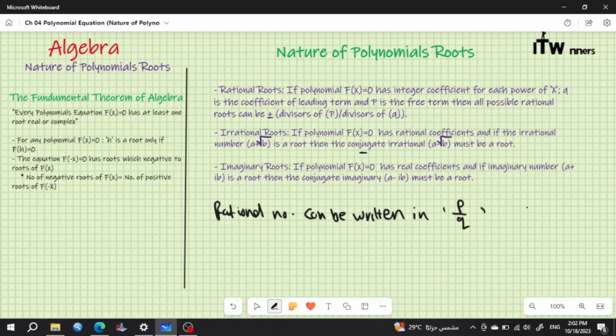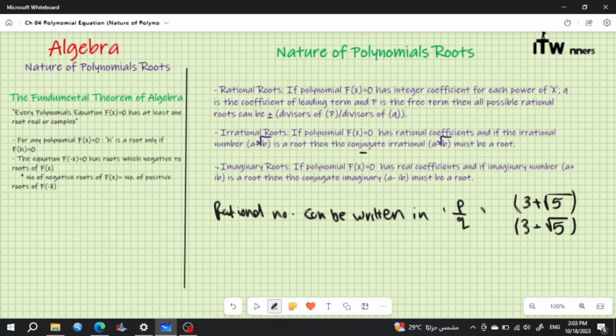So if I have 3 plus square root of 5, this is an irrational number, and if this number is a root of any polynomial equation, then 3 minus square root of 5 must be a root of this equation.